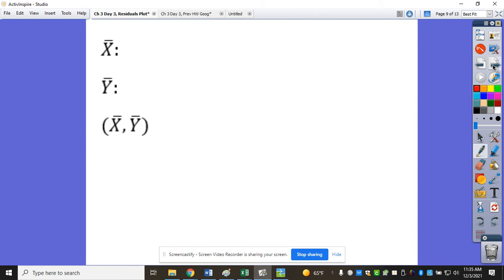All right, what is x bar? I am now talking about coordinates. What is x bar? This should not be hard. This is just something I haven't asked before. What is y bar?